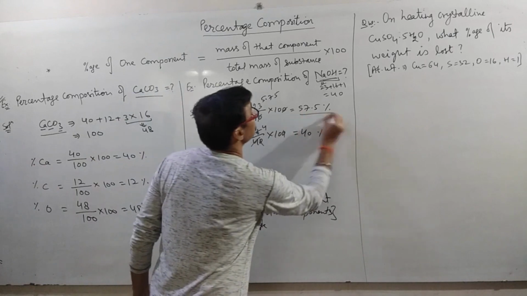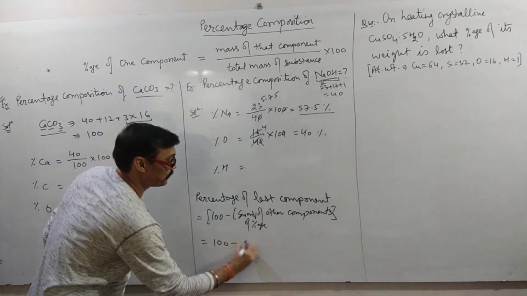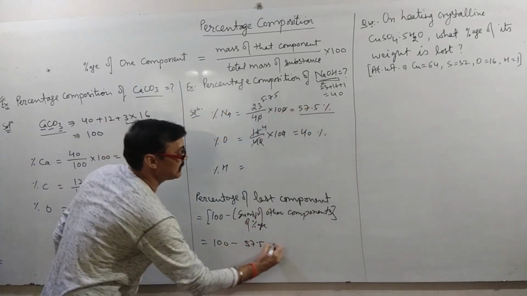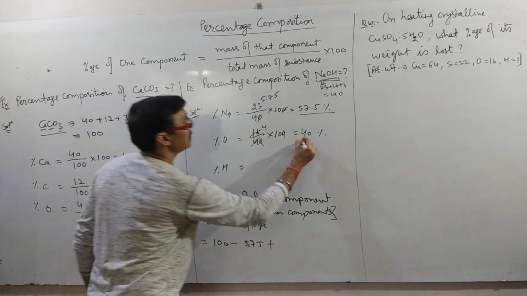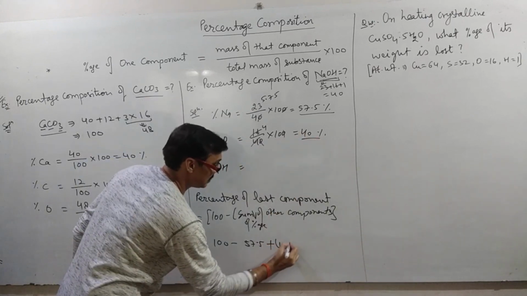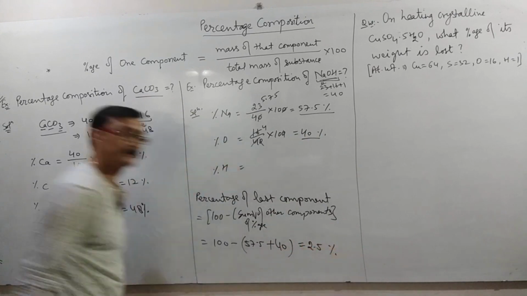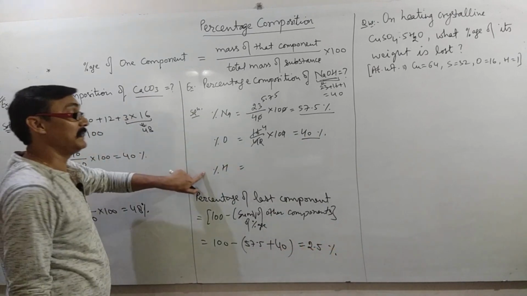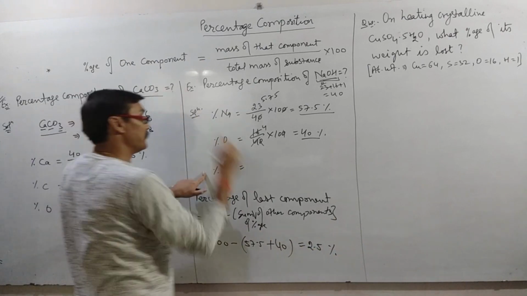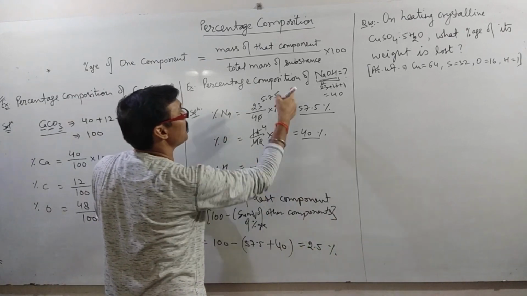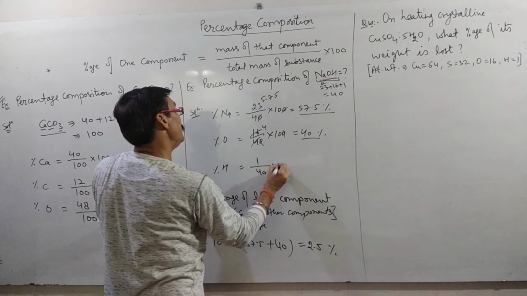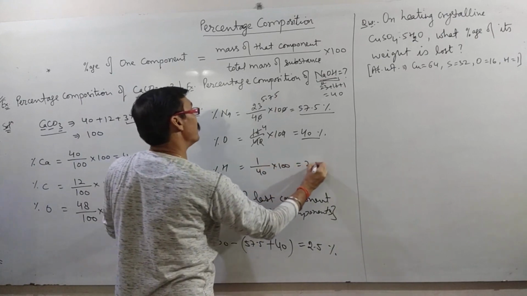Other components are sodium 57.5% plus oxygen 40%, so hydrogen is 2.5%. Or you can find it from the starting formula, mass of hydrogen divided by total mass into 100, that is 2.5%.